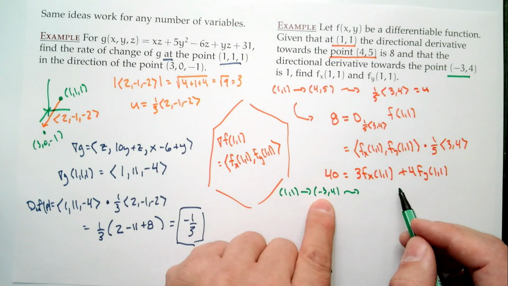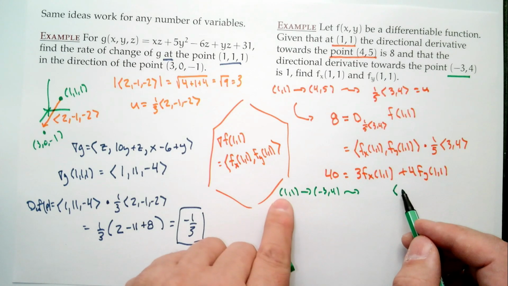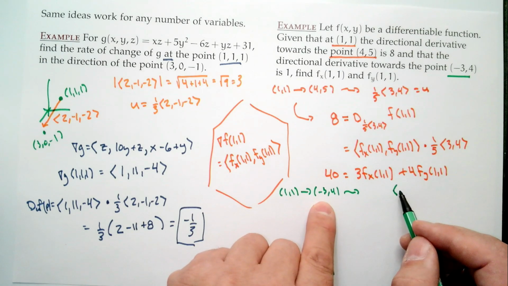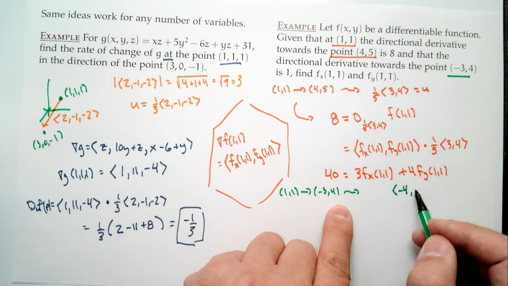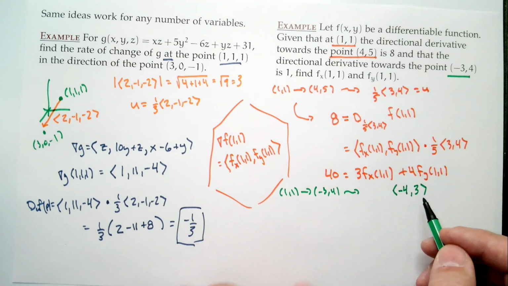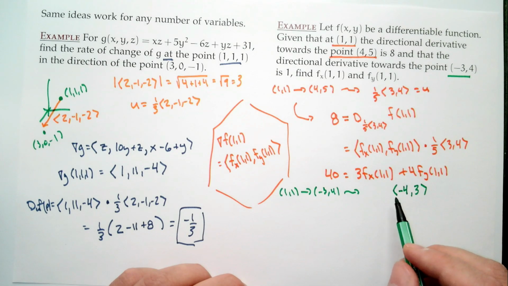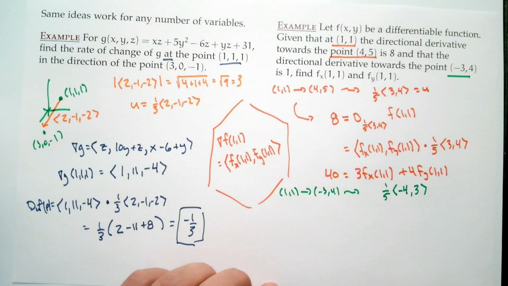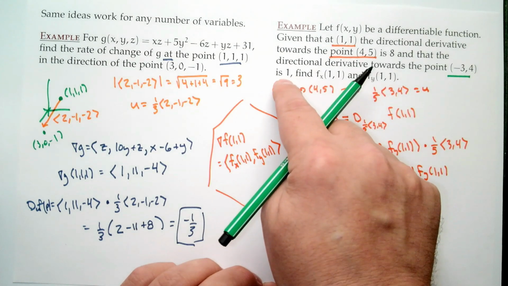From 1 to -3, I change by -4. From 1 to 4, I change by +3. So that's the vector that goes between those two points. To make it a unit vector, what do we do? Multiply by 1/5. And now we have that the directional derivative is 1.